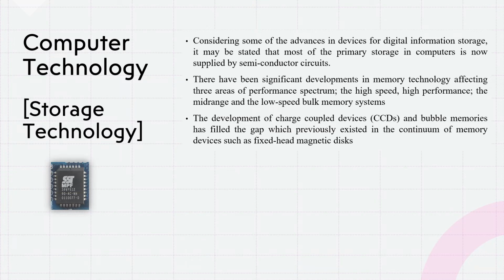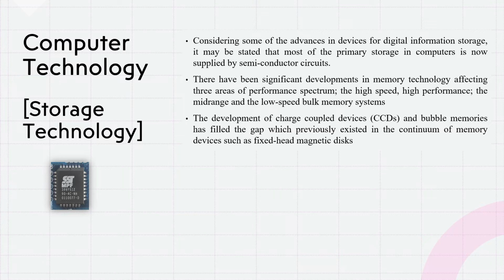Considering some of the advances in devices for digital information storage, it may be stated that most of the primary storage in computers is now supplied by semiconductor circuits. There have been significant developments in memory technology affecting three areas of the performance spectrum: the high speed, high performance, mid-range, and the low speed bulk memory systems.